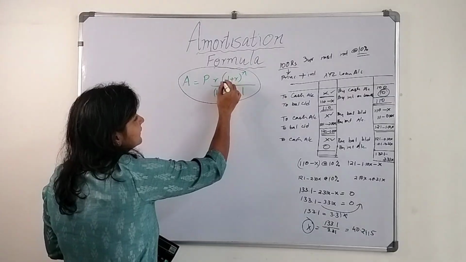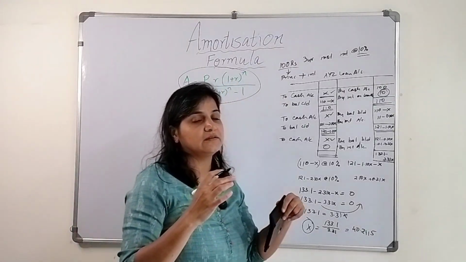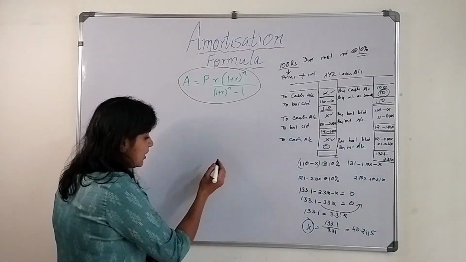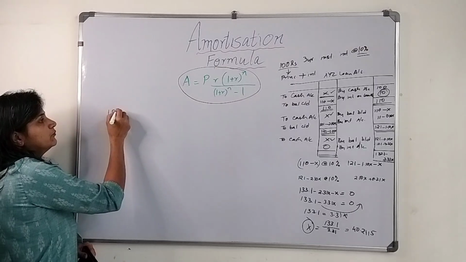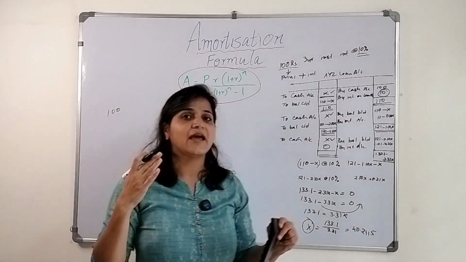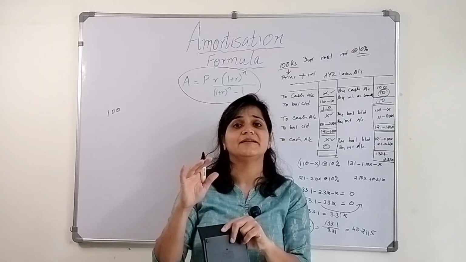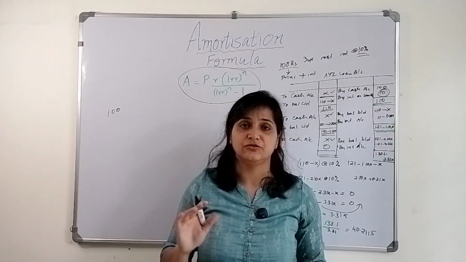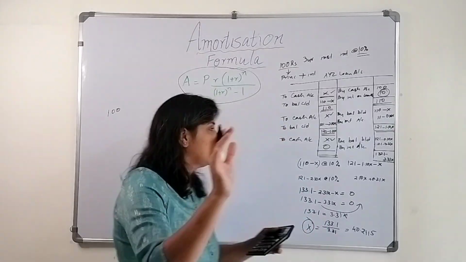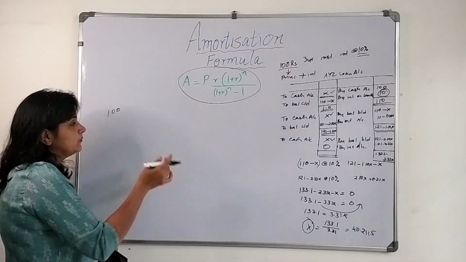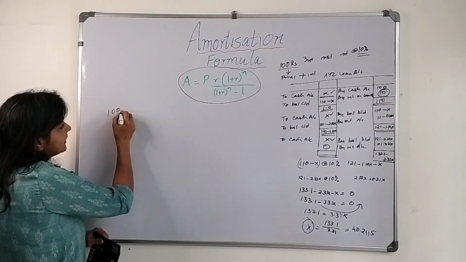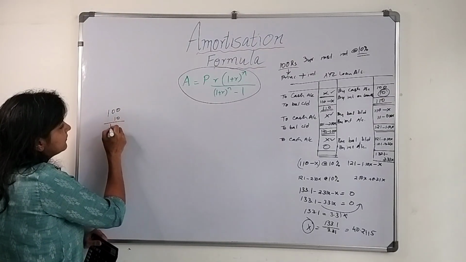Now let's say some amount is due to me, say 100 rupees was due. If I tell my friend that I won't be able to pay right now, I will pay 100 rupees at the end of 3 years, how do we calculate that? 100 rupees was due. In the first year I have to pay interest, so it becomes 110.